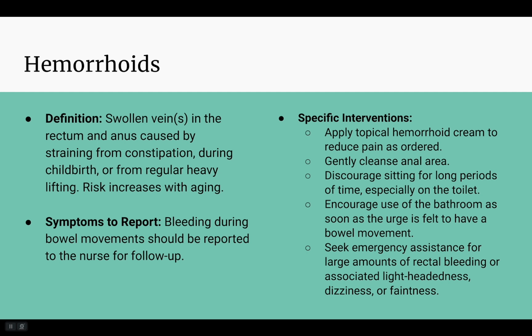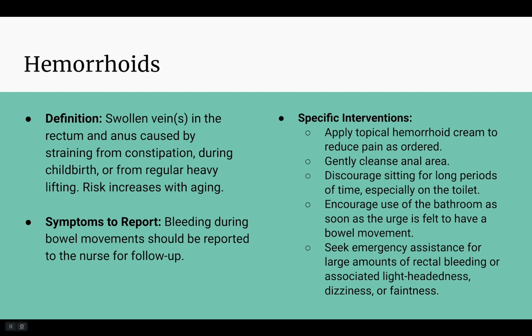This slide and the following 4 outline common digestive system diagnoses and specific nursing assistant interventions. Hemorrhoids. Definition: swollen veins in the rectum and anus caused by straining from constipation, during childbirth, or from regular heavy lifting.